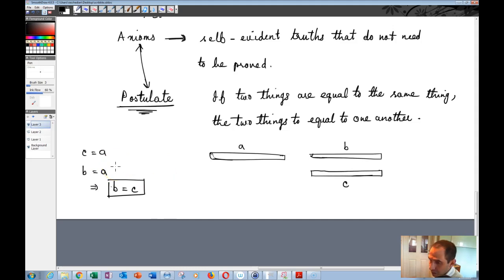This is something that Euclid has just taken, he has taken the truth of this statement for granted as common sense, intuition, or whatever you want to call it. And then based on this, he started proving like 100 different theorems.